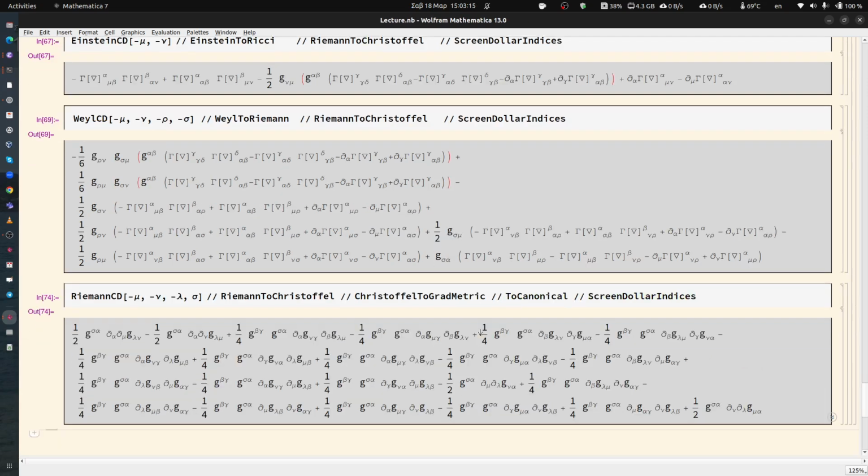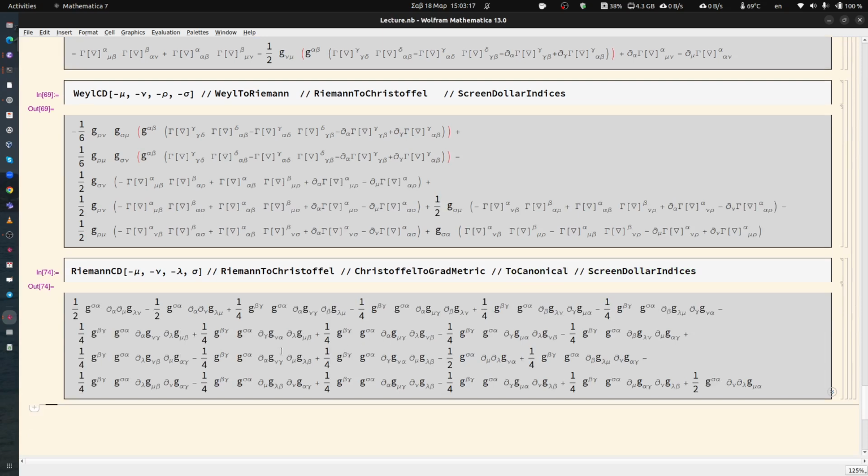So, if this expression is useful for you, you can use it in your calculations.